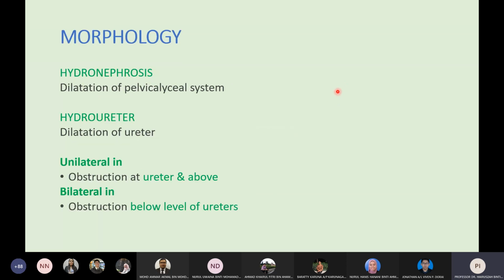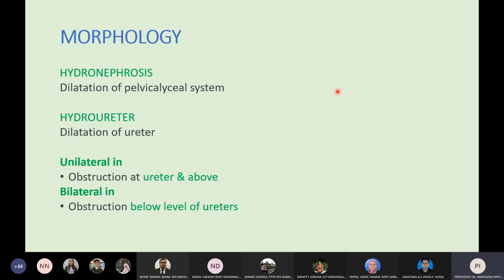Okay, morphologically, just an introduction of these terms. You will hear hydronephrotic kidney, hydroureter. What does it mean? Hydronephrosis is when the pelvicalyceal system is grossly dilated, because of the pressure created by the urine being produced but not being passed out. Similarly, it goes down and creates dilatation of the ureter. You call it hydroureter.